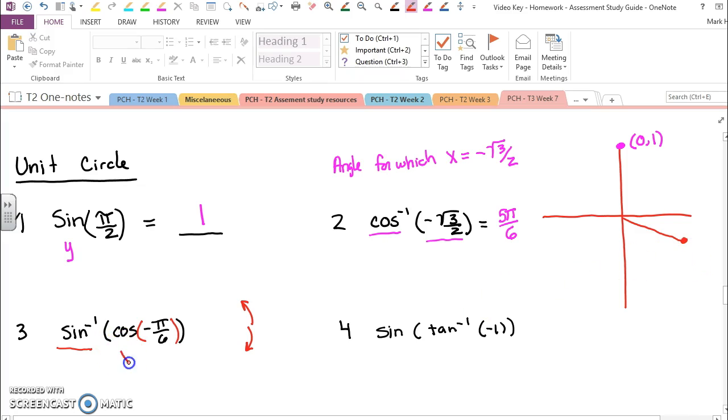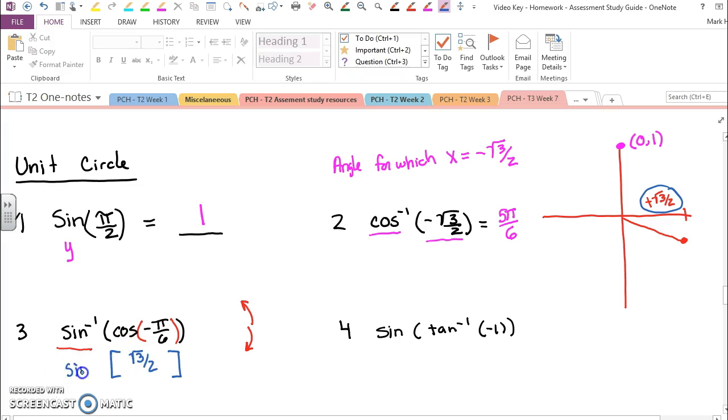So cosine is saying, what is the x-coordinate of this negative pi over 6? Well, that is positive square root of 3 over 2. So all that means is, if you found cosine of negative pi over 6, that answer is really this x value, square root of 3 over 2.